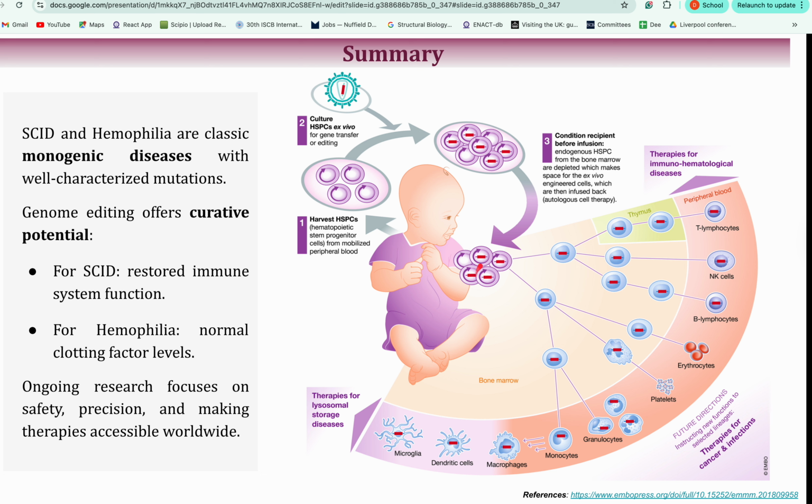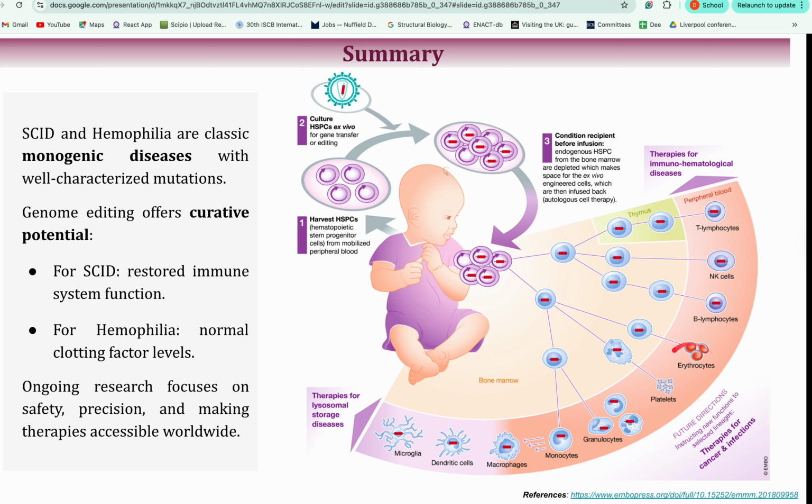And now, what kind of things were modified here? The genes which are responsible for the maturation of T cells are changed, similarly for natural killer cells and B cells. So all these genes are repaired, and correct copies are made so that they can give rise to these T cells, B cells, and NK cells.